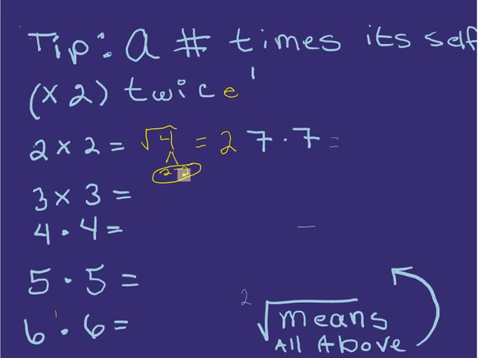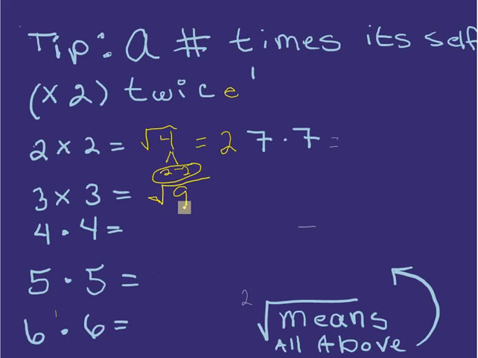Same, I'm not going to do this all the way down, but we're just going to learn what a square root is all the way down. And pause the video, try it for yourself, and then I'll work with you. 3 times itself makes a square root of 9.